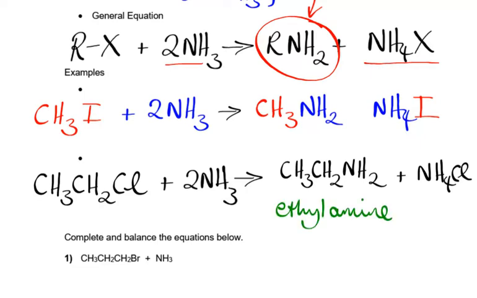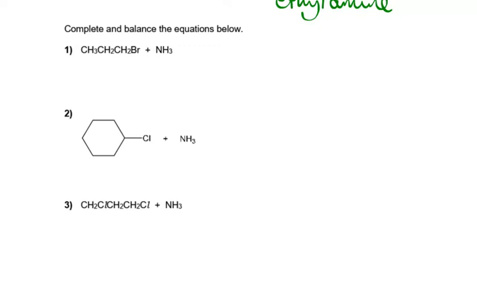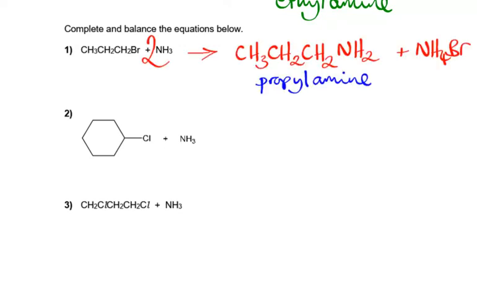Well done if you got ethylamine. Let's have a go at these three balanced equations below. So for the first one, remembering we needed 2 ammonias, and we will for each halogen that we've got. Our organic product this time has got 3 carbons followed by the amino group, so that's propylamine. Have a go at the next one.